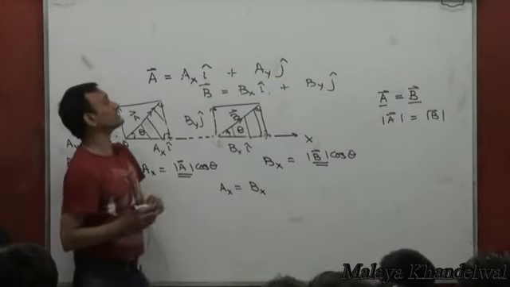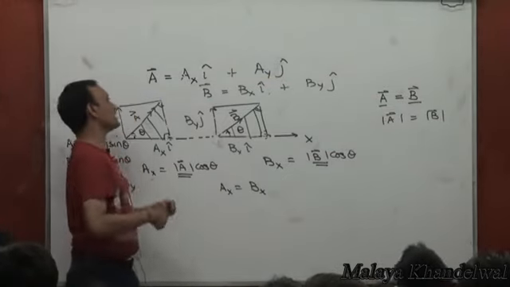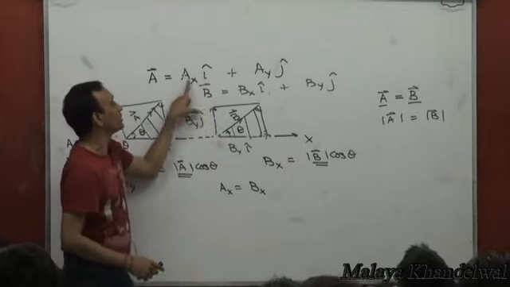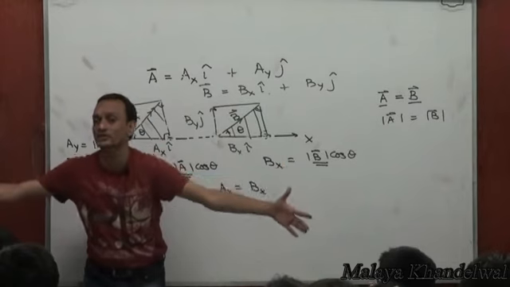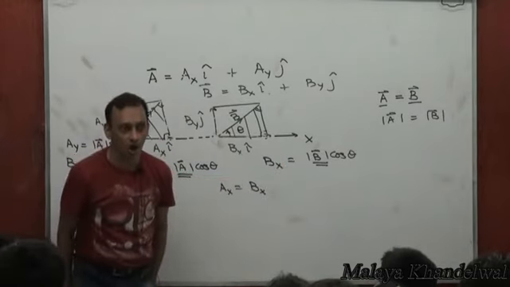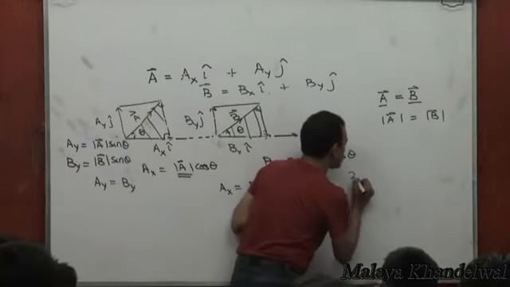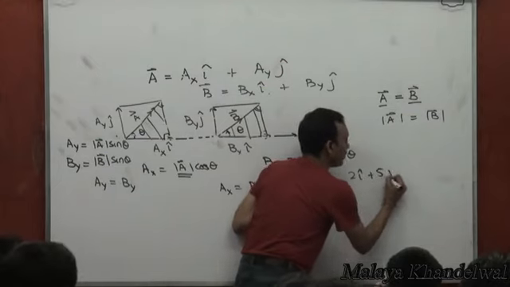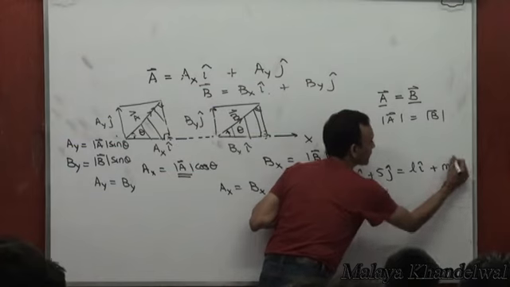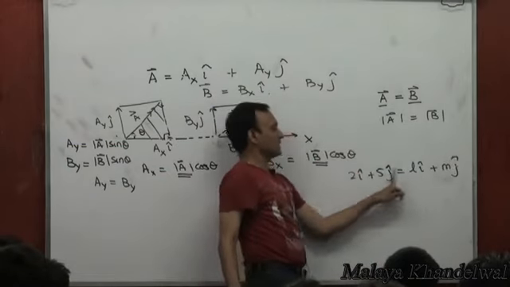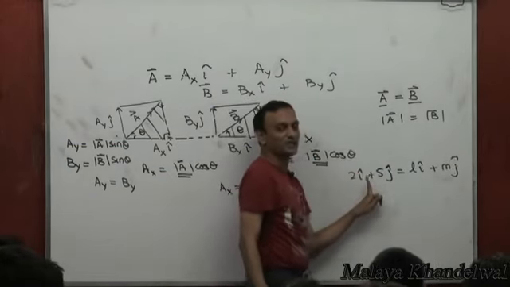So in common parlance we say that if two vectors are equal to each other, their x and y components can be equated, yes or no? So if I have a vector 2i plus 5j equal to li plus mj, then I can readily say that L must be 2 and M must be 5.